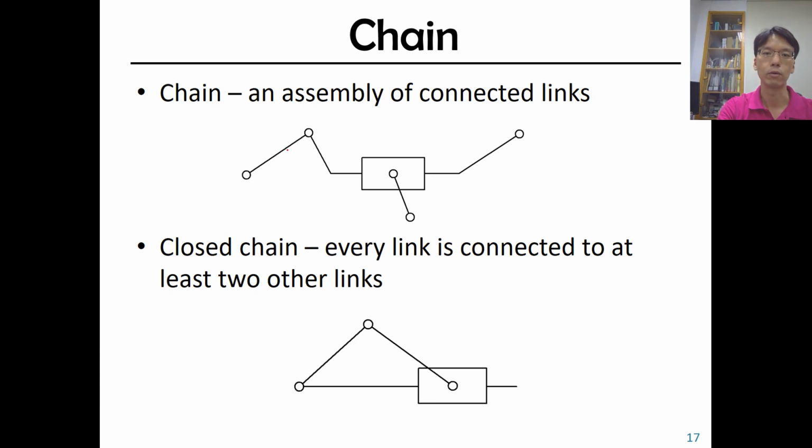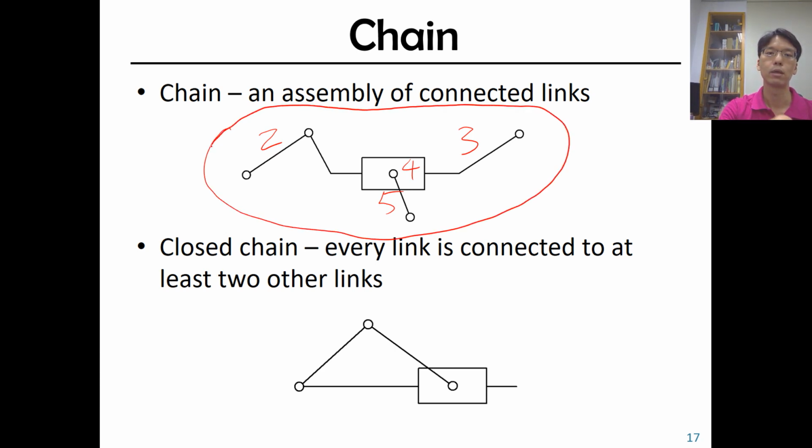So for example, we have link 2, 3, 4, 5. This whole assembly of the connected links, we call this a chain. So that's just a definition. An assembly of connected links is called a chain.